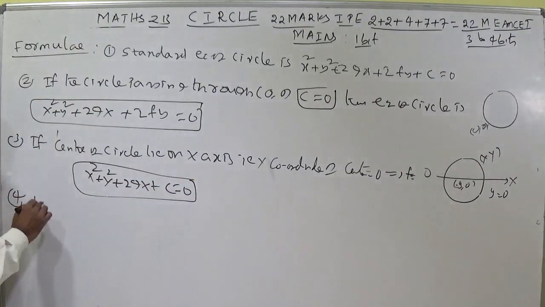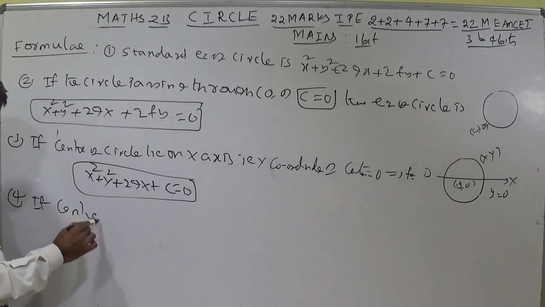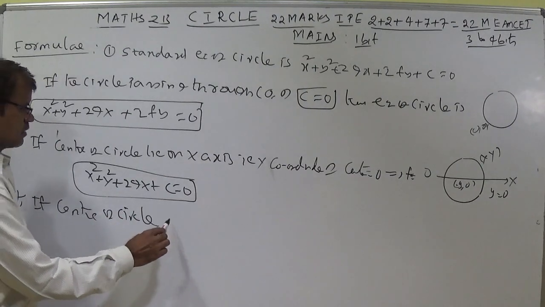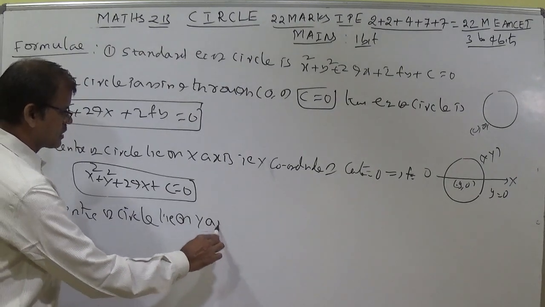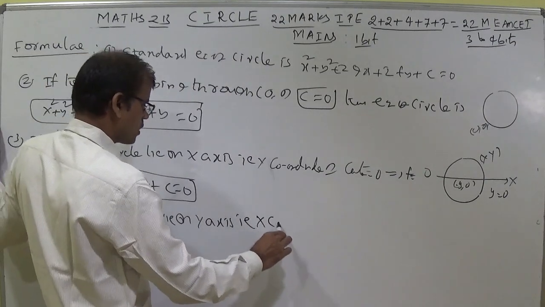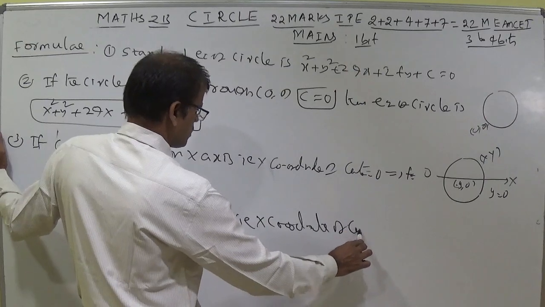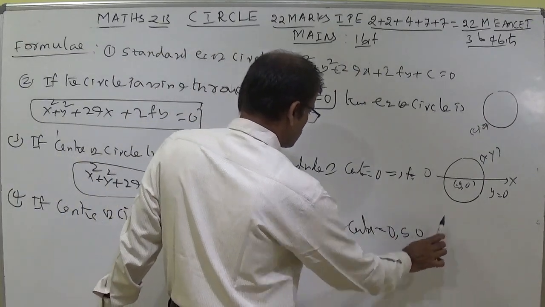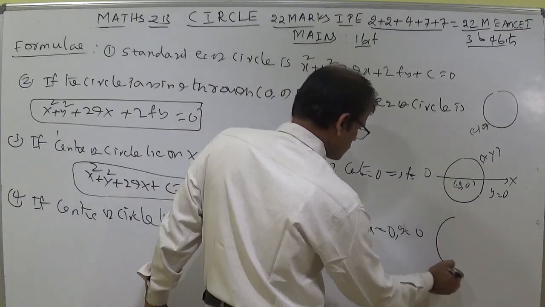Next I am writing, if the center of the circle lies on the y-axis, that is, the x coordinate of the center is equal to 0, that is g equal to 0.